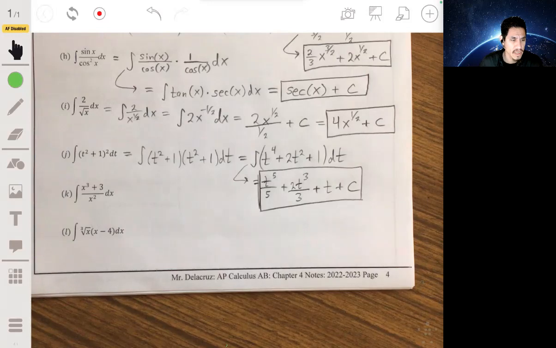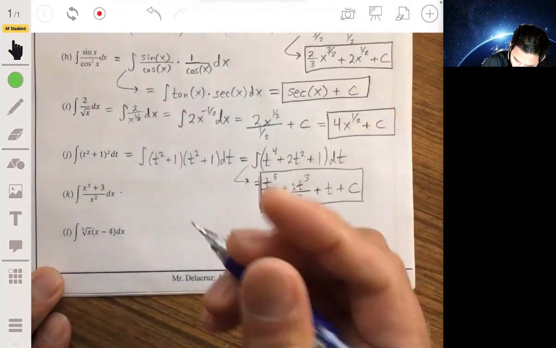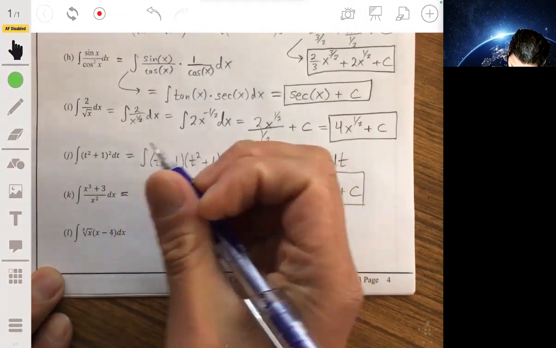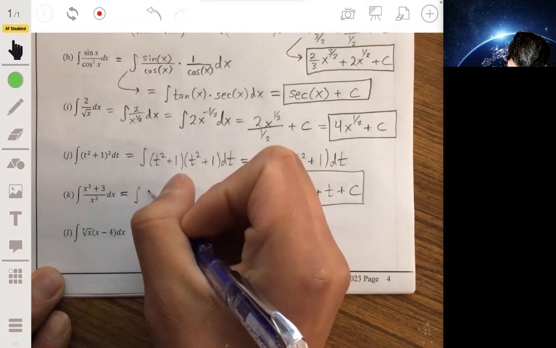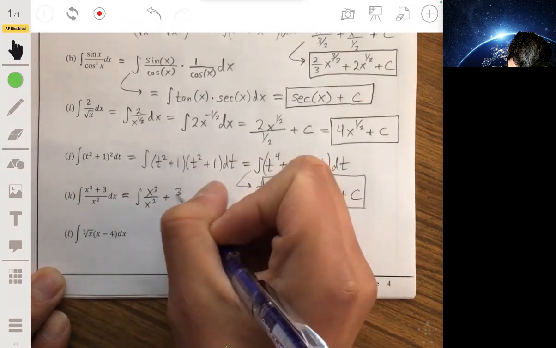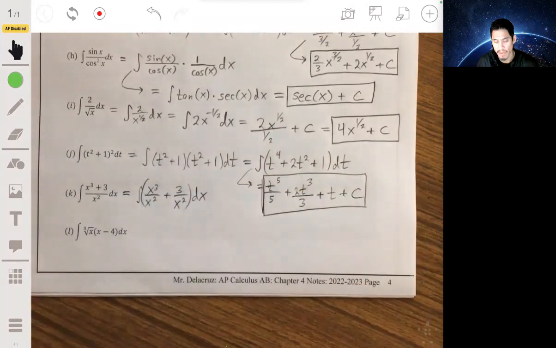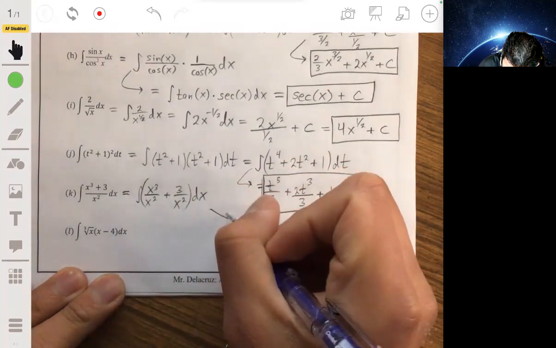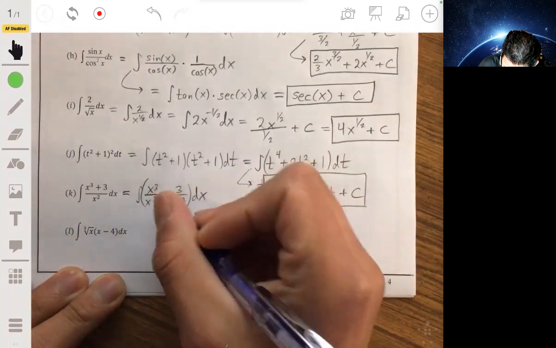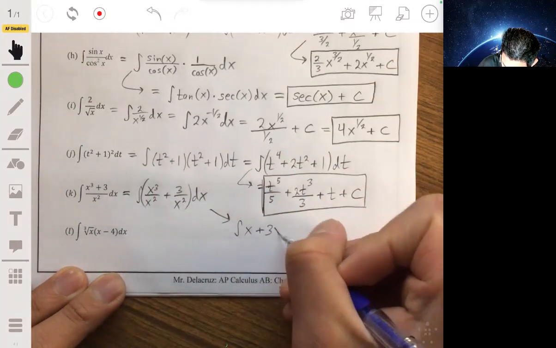All right, for k, this is another example of where we want to break this up. So you can break this integral up as x cubed over x squared plus 3 over x squared dx. All that is being multiplied by dx, technically. And then we can rewrite this as the integral of x cubed over x squared, which is just x, and 3 over x squared, which is the same as 3x to the negative 2.